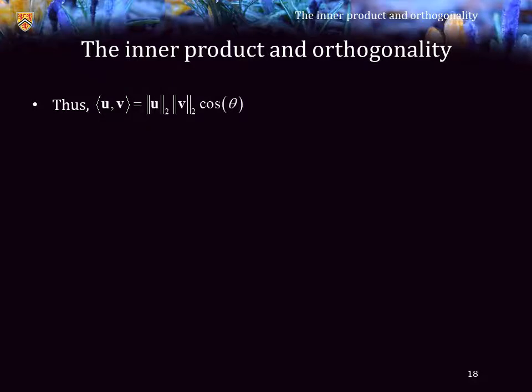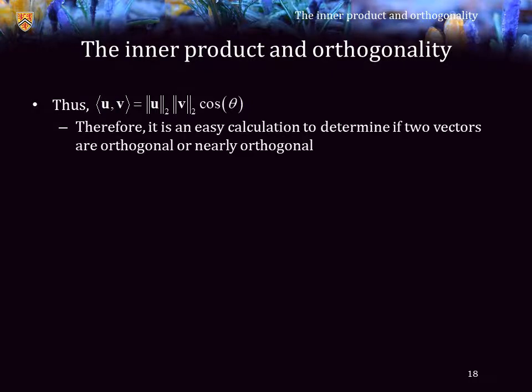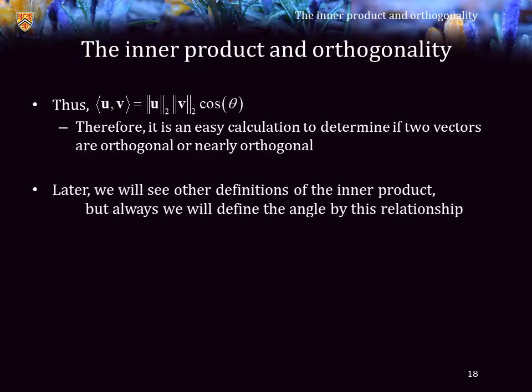Thus, we have derived the following formula for the inner product. This is an alternative formula because the other formula is actually very easy to calculate. It's just the sum of the pairwise products of the entries of the vectors u and v. Therefore, it's easy to determine if two vectors are orthogonal or nearly orthogonal.